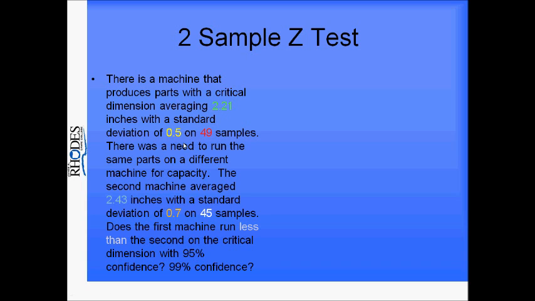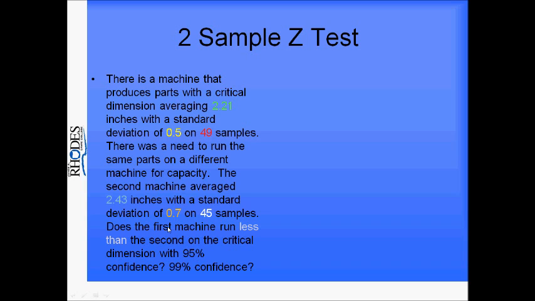It averaged 2.21 with a standard deviation of 0.5. Now we need to run the same parts on a different machine because we've run out of capacity, and we took some data from that second machine, and the sample was averaging around 2.43, standard deviation 0.7, and that was on 45 samples.